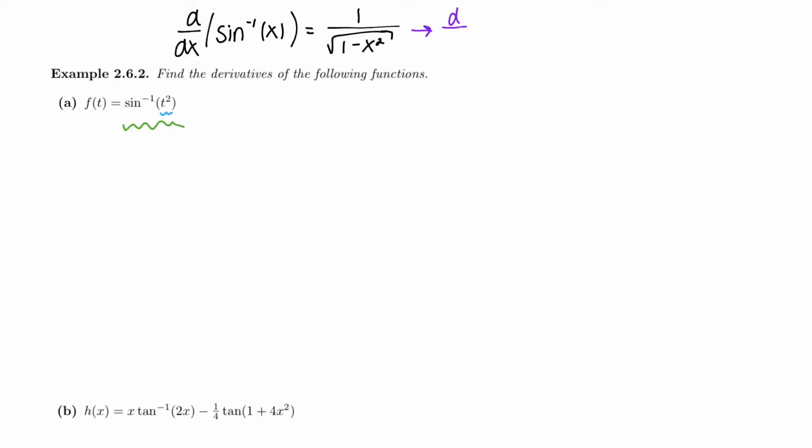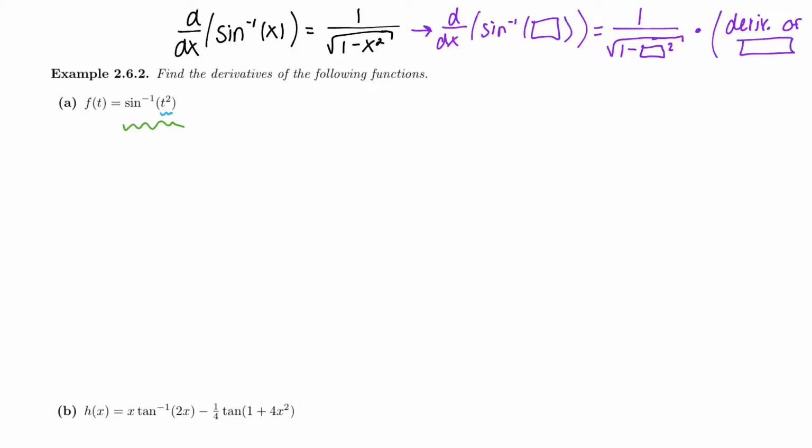If you're taking the derivative of sine inverse of, I don't care what's inside there, the inside stuff, this is going to be equal to 1 over the square root of 1 minus all that stuff squared, times the derivative of that stuff.